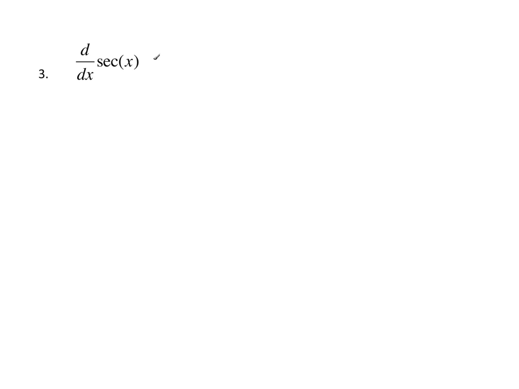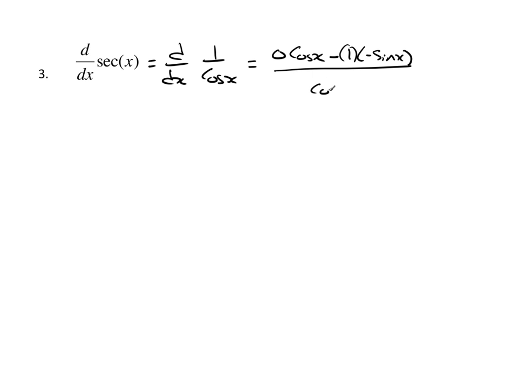Okay, secant of x. I'm going to write this as d dx 1 over cosine of x. So that is going to be equal to, derivative of 1 is 0 times cosine of x, that's just 0, minus 1 times the derivative of cosine, which is a negative sine of x, divided by cosine squared of x.